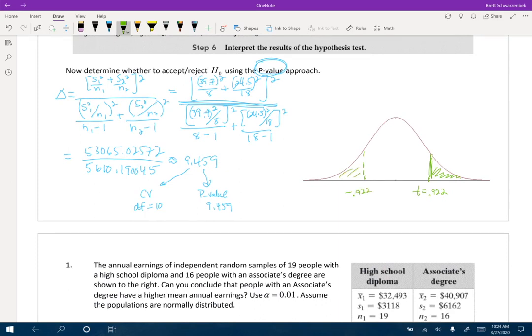And that area, when we do our CDF, we basically have to double it, just like we've been doing. So let's take care of that. So we're going to get p-value is equal to 2 times TCDF of 0.922 to a large number to the right with 9.459 degrees of freedom.